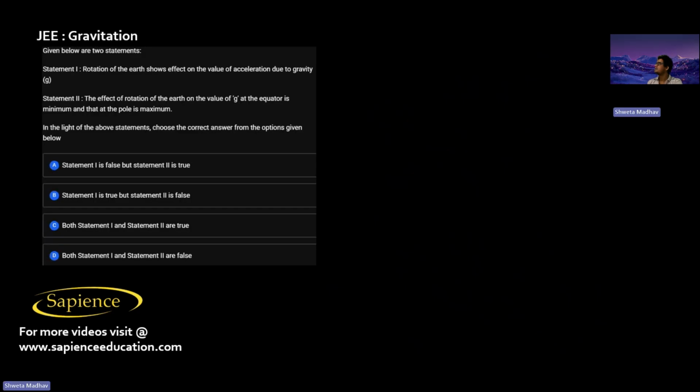Then it is told, given below are two statements. Rotation of the Earth shows effect on the value of acceleration due to gravity. So it is true. Since G at any latitude, any latitude theta, there is a centrifugal force.